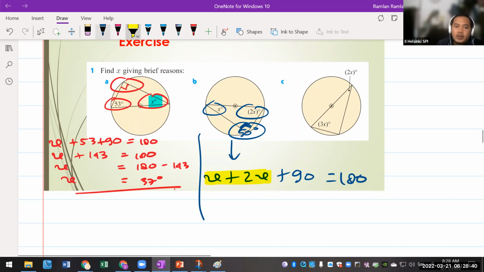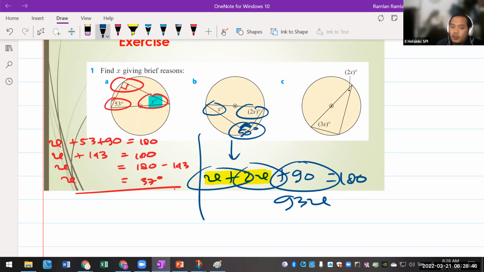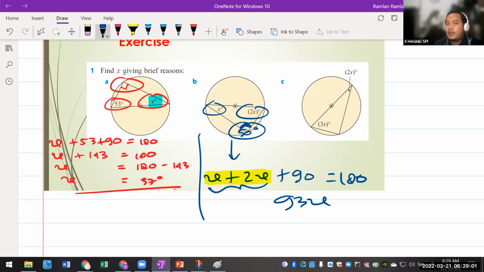So you cannot have this as 93x, because this is 90, this is 2, this is 1. No, because this 90 doesn't have any x. So we can only simplify this. x plus 2x is the same as 1x plus 2x, like 1 apple plus 2 apples, you get 3 apples. So there will be 3x, and the 90 doesn't change.